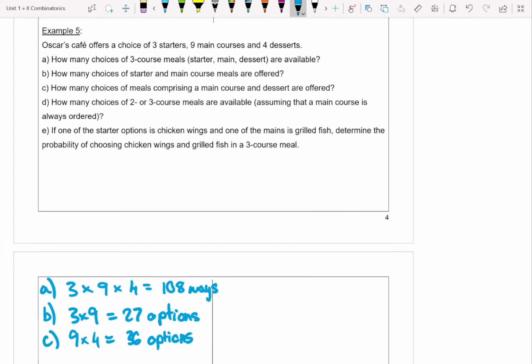Part D. How many choices of 2 or 3-course meals are available, assuming that a main course is always ordered? So that's going to be given by the number of starters and mains plus the number of mains and desserts plus the number of starters, mains, and desserts.